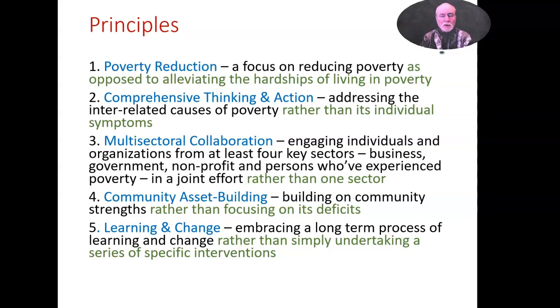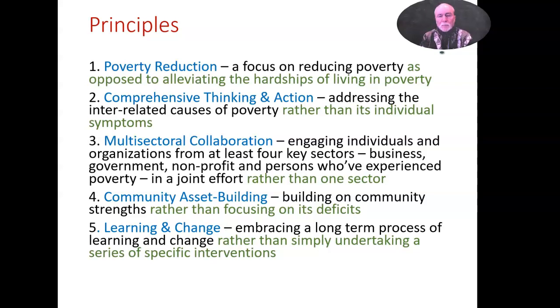These 5 principles both state what the principle is that they're going to follow and what they're not going to do. So focusing on reducing poverty as opposed to alleviating the hardships of poverty. Taking an assets approach rather than a deficits approach.